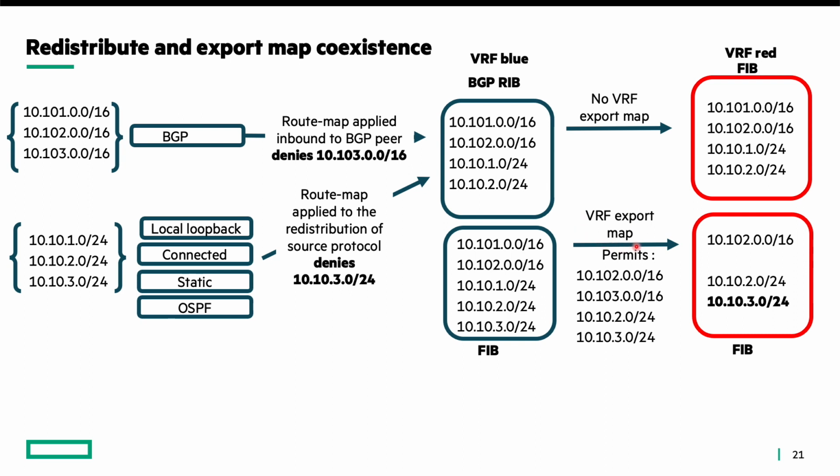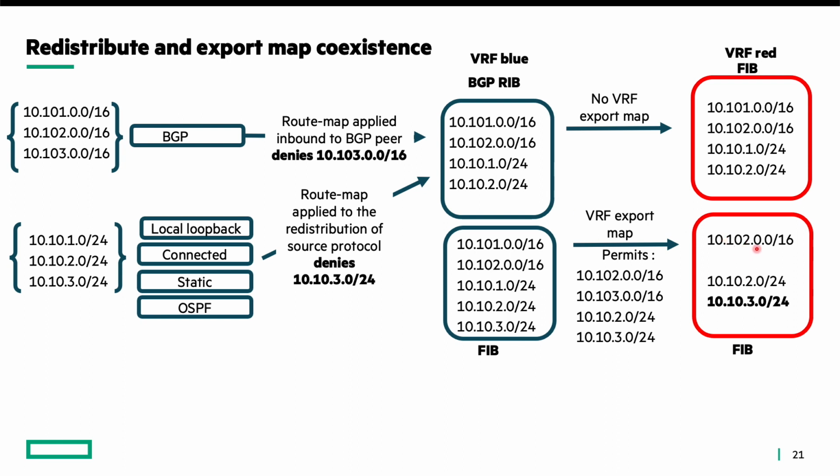Now, if we have a VRF export map, and in this export map we permit 10.10.2 and 10.10.3, and we don't permit 10.10.1, what will happen in the FIB of the VRF? It overwrites what is coming from the BGP table.